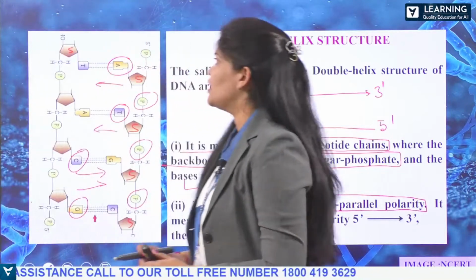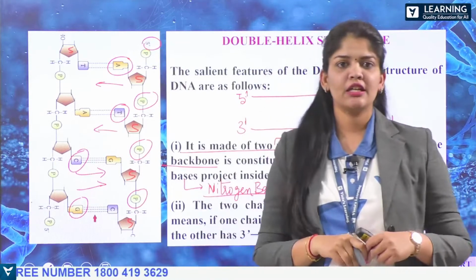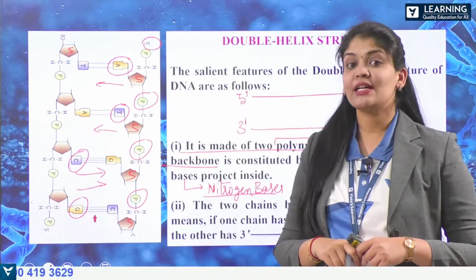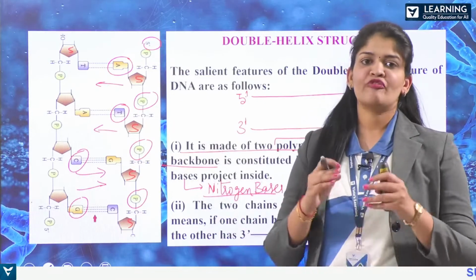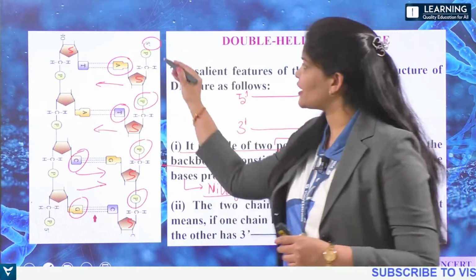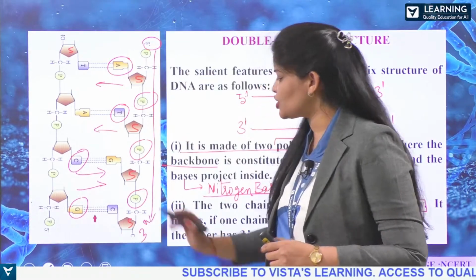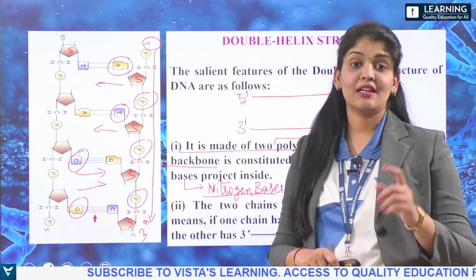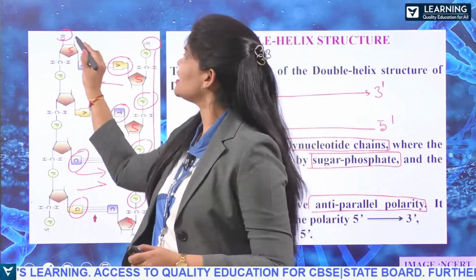If you consider this, here is the free 5 prime phosphate moiety, so we consider this end as the 5 prime end of the polynucleotide. From here, it reaches the 3 prime end, where we find the hydroxyl group.